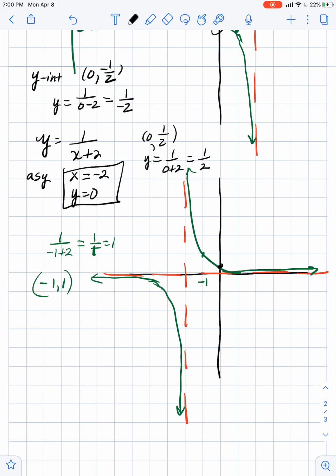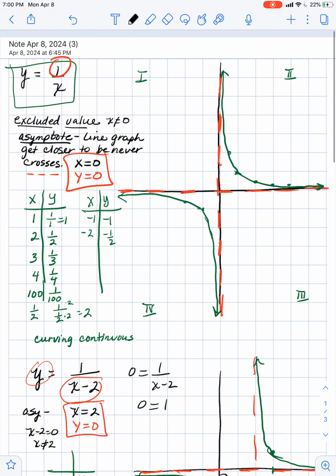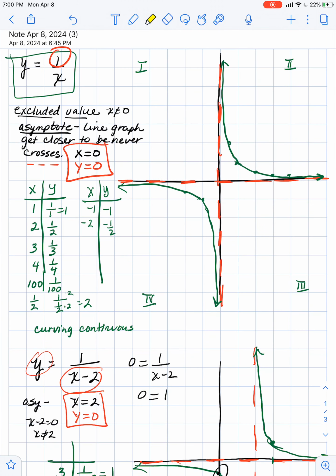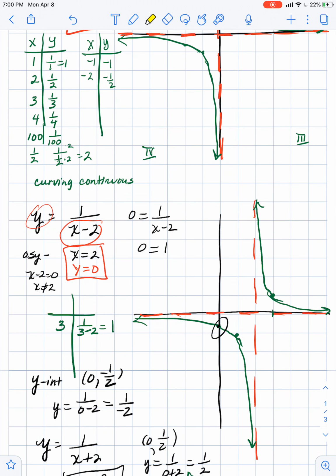Okay, so let's just go back through and sum up what we found. If we have the basic equation y equals 1 over x, we know what it looks like. We have the two asymptotes. When I have y equals 1 over x minus 2, I have simply moved it 2 to the right.